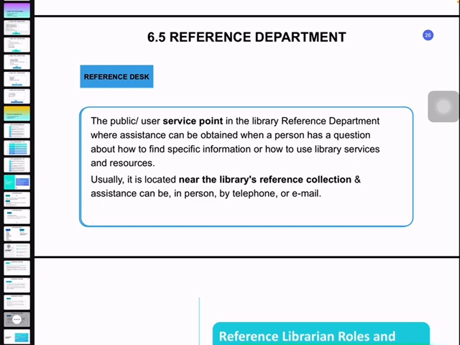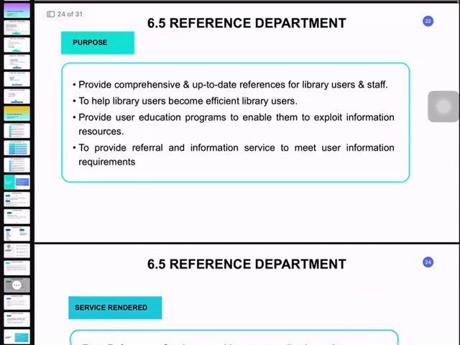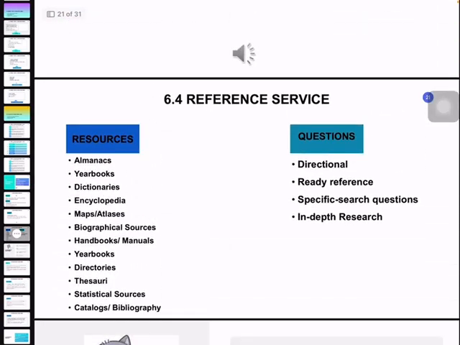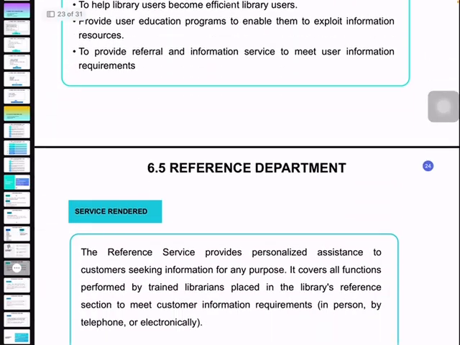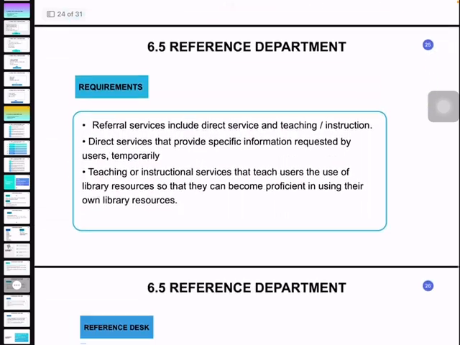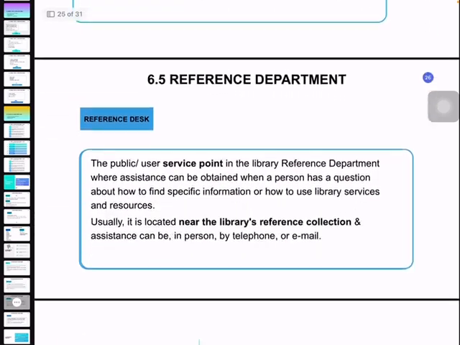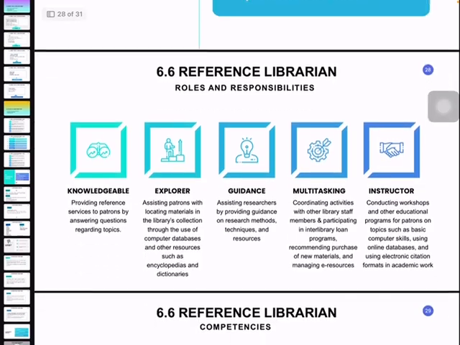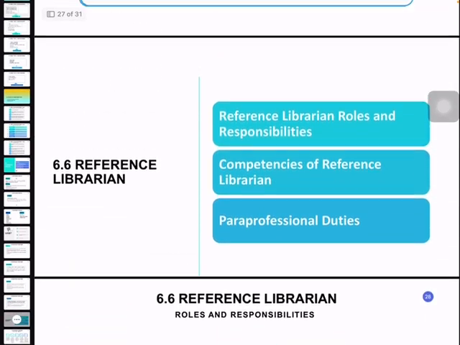So reference desk, usually it is located near the entrance of the library, and then they are also placed close to the reference collection. Dia akan diletakkan dekat dengan bahan-bahan ni lah, dekat dengan almanacs, yearbooks, dictionaries and so on. Because these sources can be used to answer reference questions.